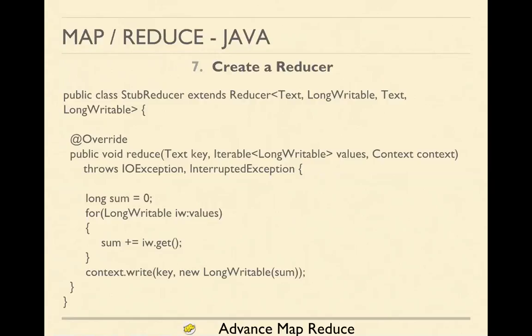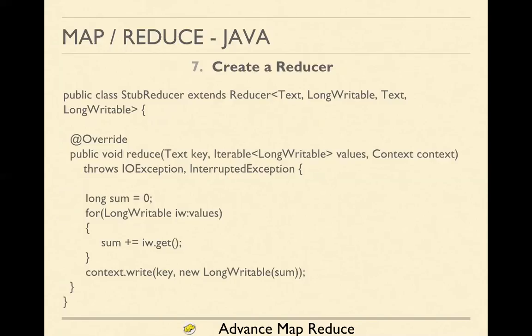For the reducer, you create your logic called reduce, which has the key and the list of values. This reduce function will be called for every key, not every line, every key. There could be some keys or many keys that will have multiple values, and all those values will come together. Meaning reduce will be called on every group of values for each key.